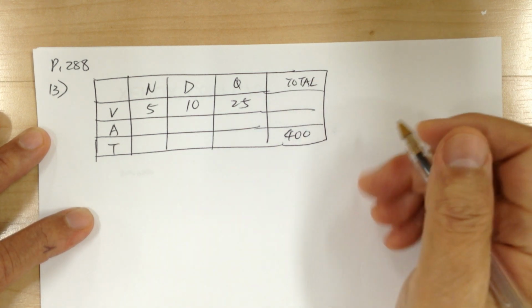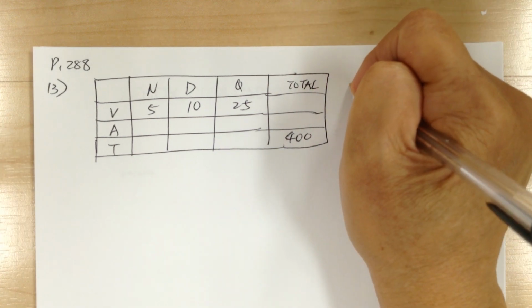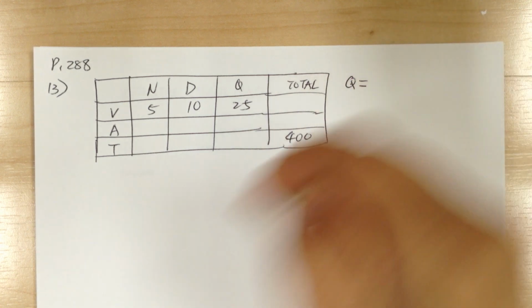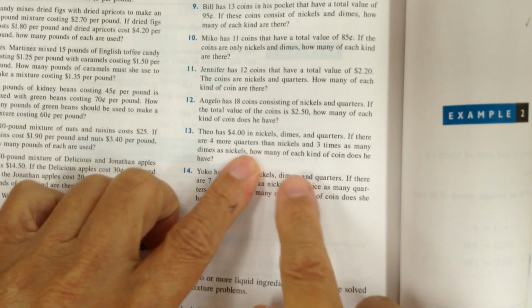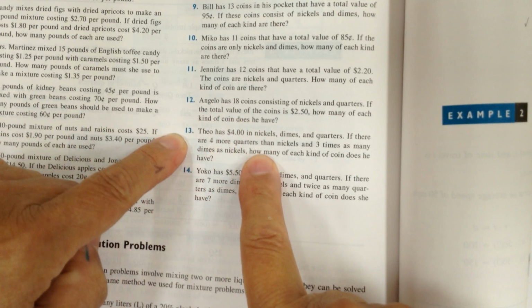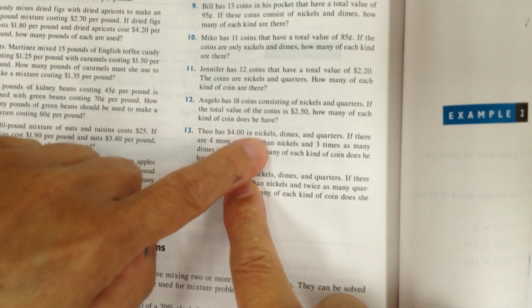So you have to learn how to translate. I'm just going to write on the side for now. When you have this kind of translation, what you do is move the word to the front. So quarters are 4 more than nickels.